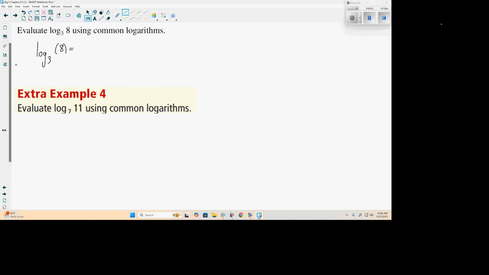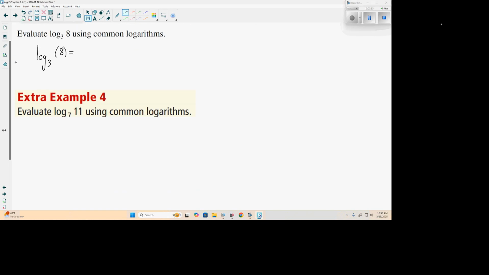So if we look at this one here, log base 3 of 8, if I want to rewrite this using the change of base, we have log on top and bottom. Log of what we have on top would be log of 8 over log of the base, which would be log of 3.